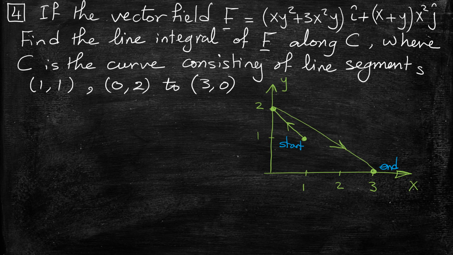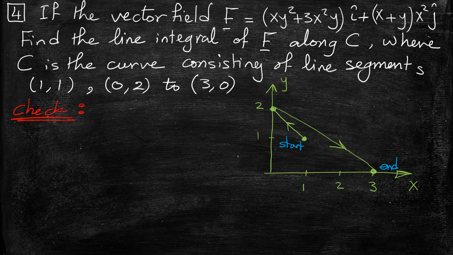Some sample question at the beginning: do we need to go through this whole path, or is our f here, this vector field, conservative, so we can choose whatever is easier for us? So this needs to be checked.